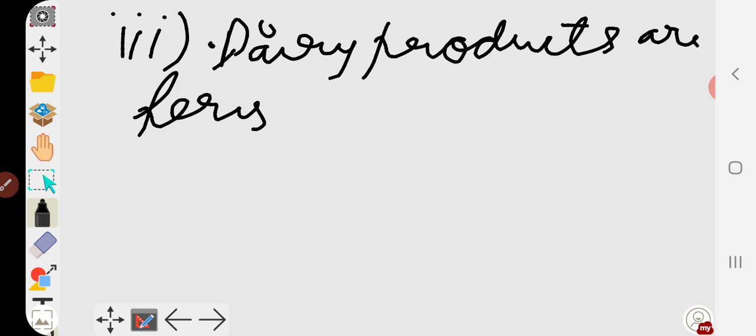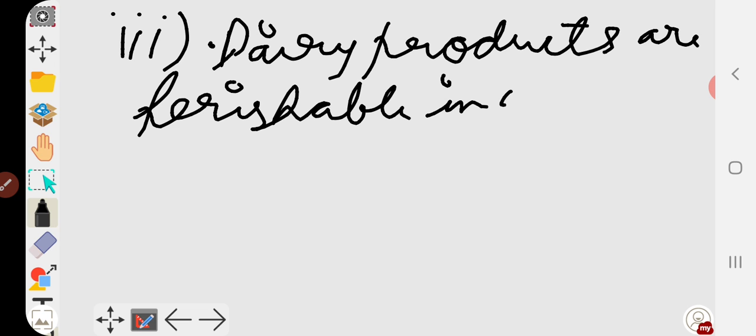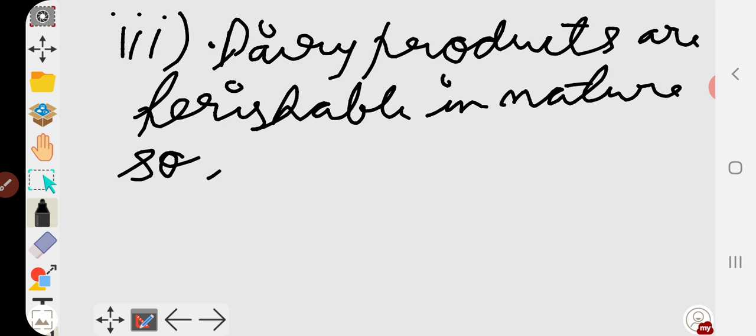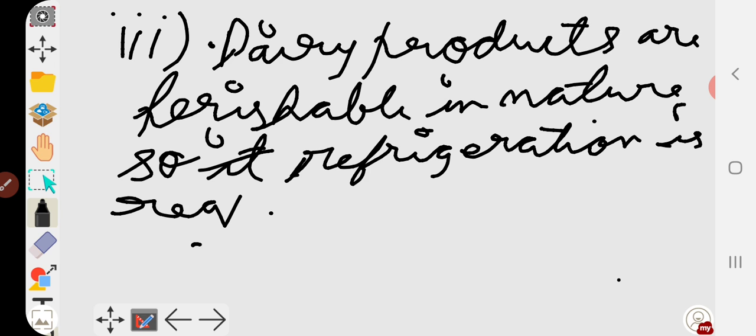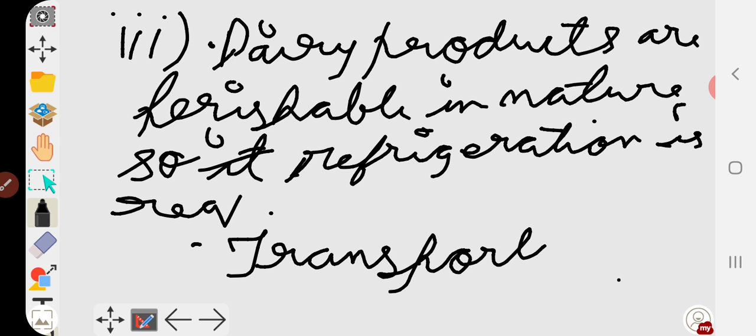Secondly, we have to export to far-flung countries, which needs quick means of transportation. For the fastest transportation of these highly perishable products, the development of transportation is very much needed, and large scale refrigeration and preservation strategies are also needed. This is why large scale dairy farming is the result of development of transportation and refrigeration. Hopefully you are able to follow the answers.